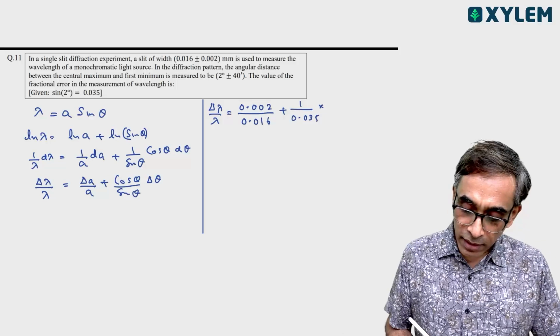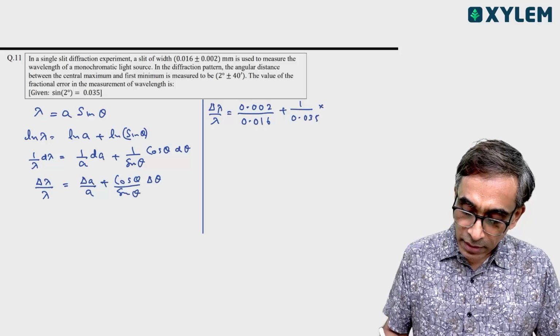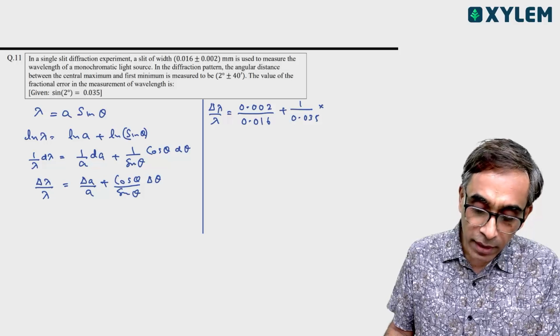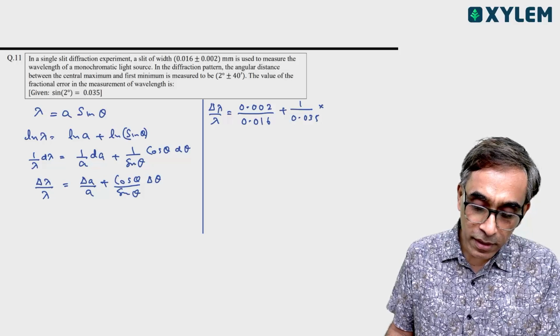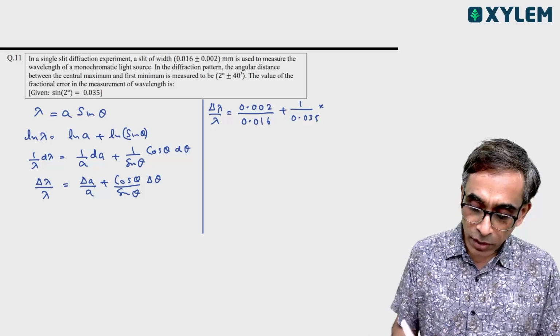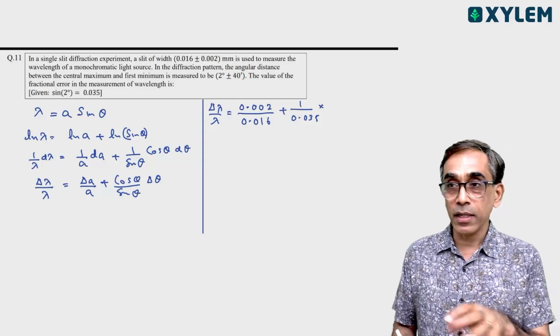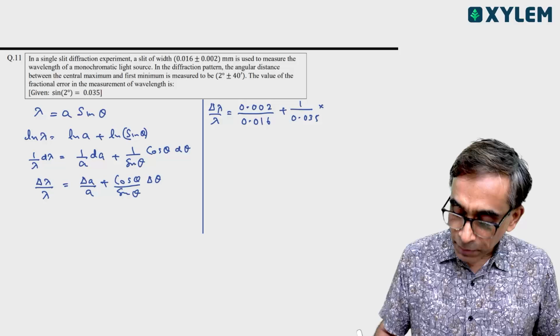Delta theta is 40 minute and the angle is 2 degree. 40 minute must be written in radian.